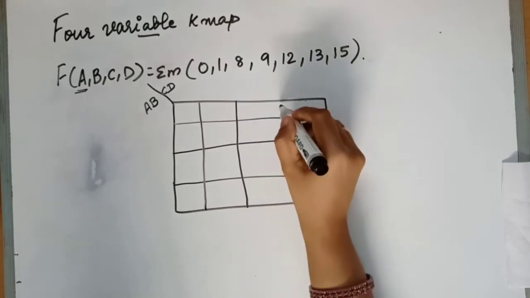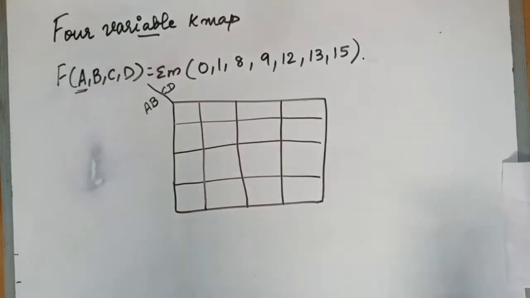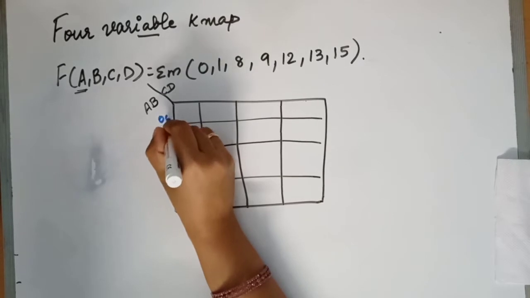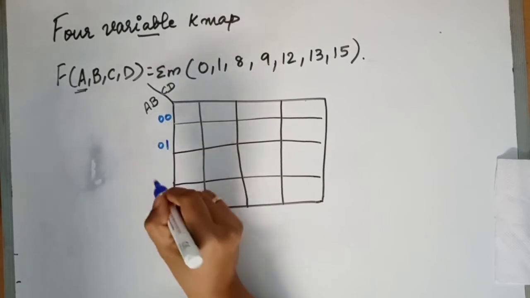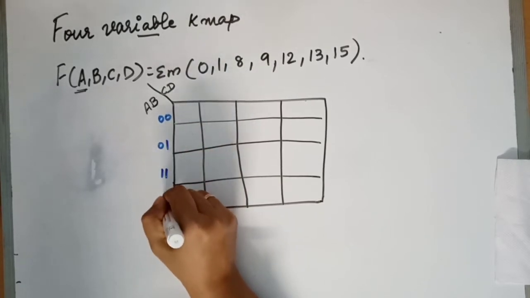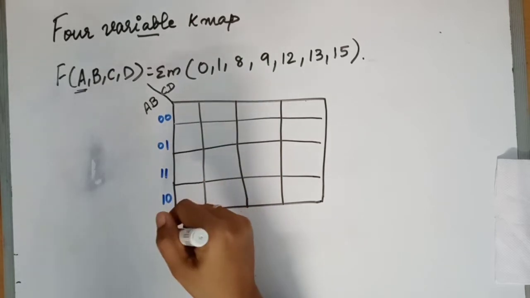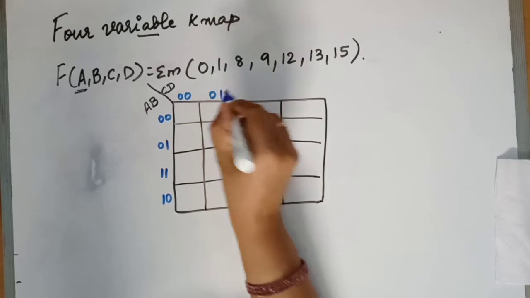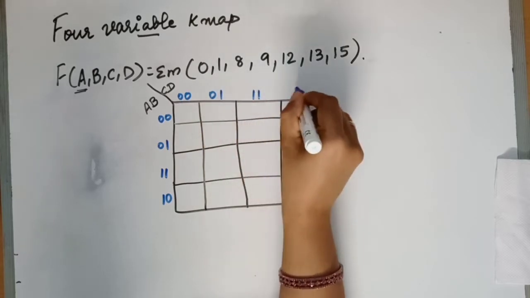So how will we write these values? Like in the 3 variable K map, we'll write it as 0 0, 0 1, 1 1, 1 0, not 1 0, 1 1, 0 0, 0 1, 1 1, 1 0.